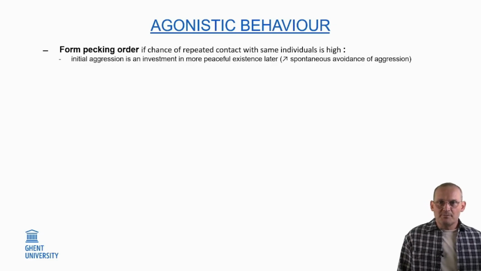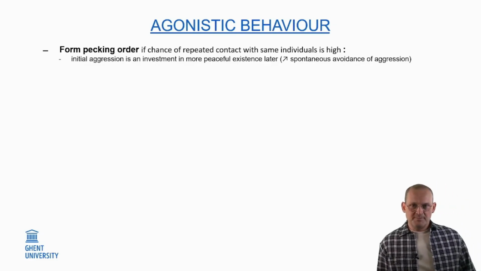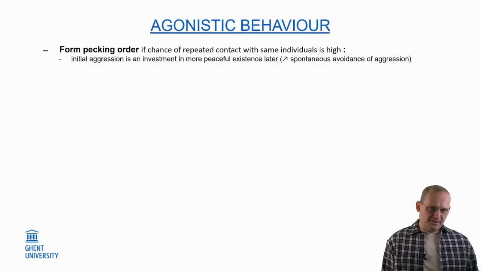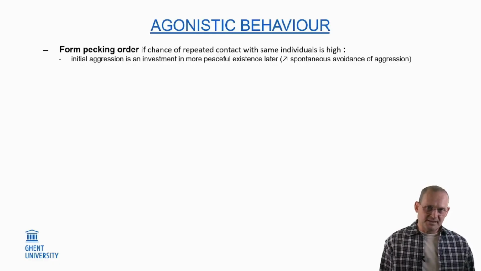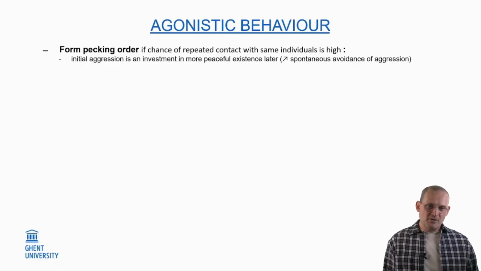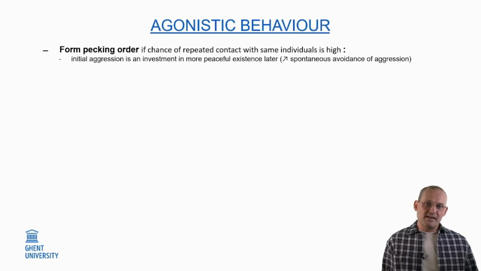So they will form a pecking order only under certain conditions. You only do so when the investment in establishing a pecking order will be beneficial over a long term. And that will only occur if the chance of repeated contact with the same individuals is high, so in rather small and stable groups.